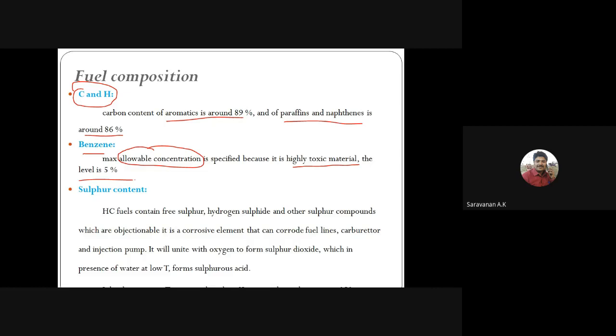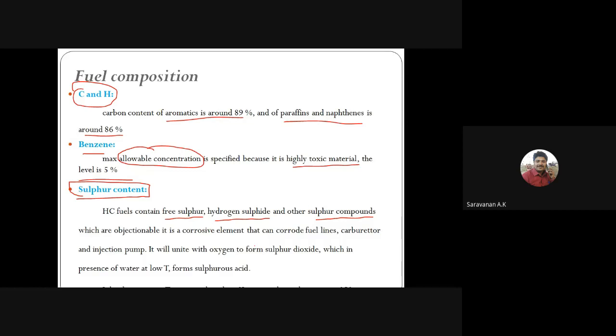Then all the fuels will have some sulfur content, right? The sulfur content creates more emissions, and in the hydrocarbon, the sulfur will be in the form of free sulfur or hydrogen sulfide or some other sulfur compounds.